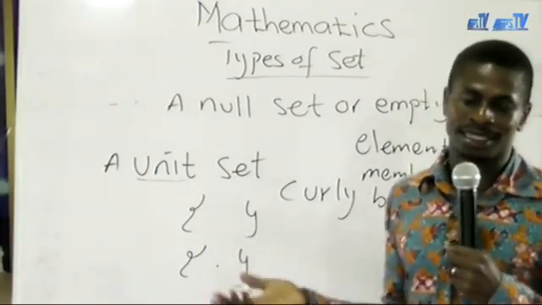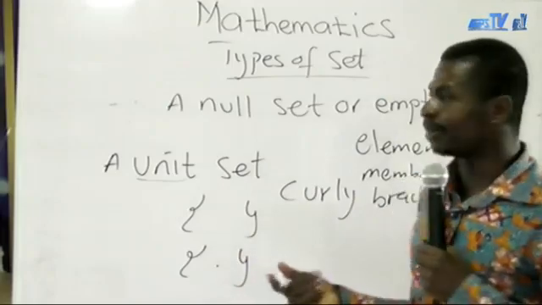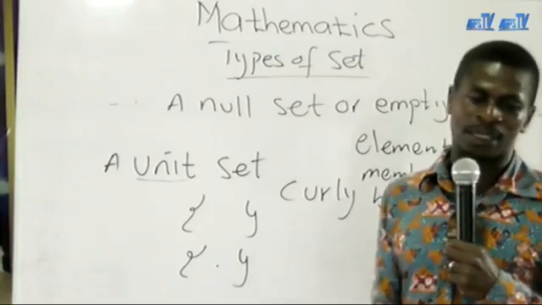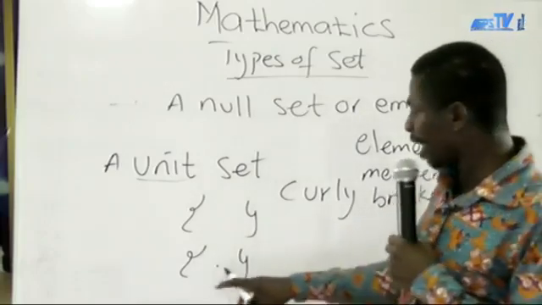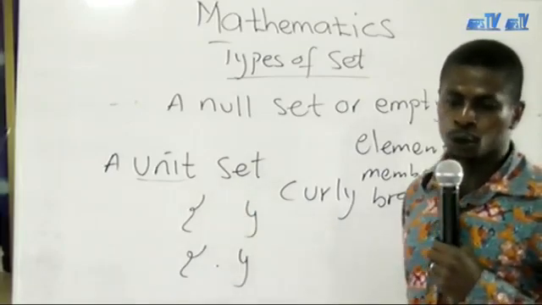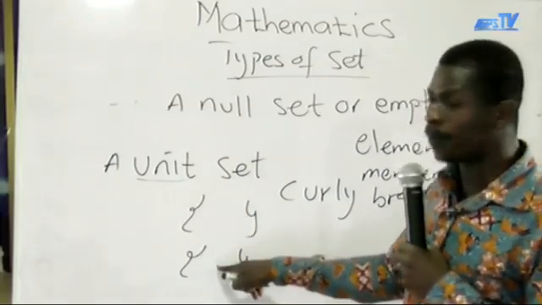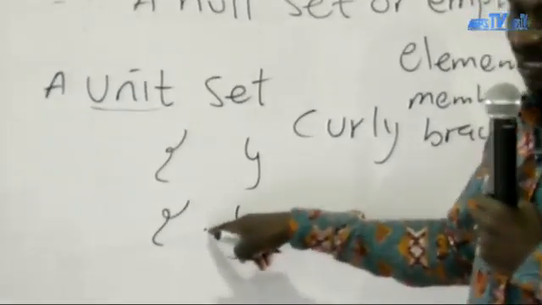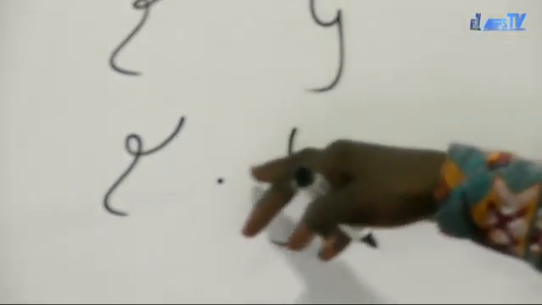It can be a set of trees, it can be a set of people, it can be a set of alphabets, and it can also be a set of punctuations. So let us take a full stop as a set of punctuations. So if you have a full stop, then it has one member. So when they ask you what type of set this is, so long as there's something inside the set, then we can safely say this is a unit set, because it is a set with a member and not a null set.